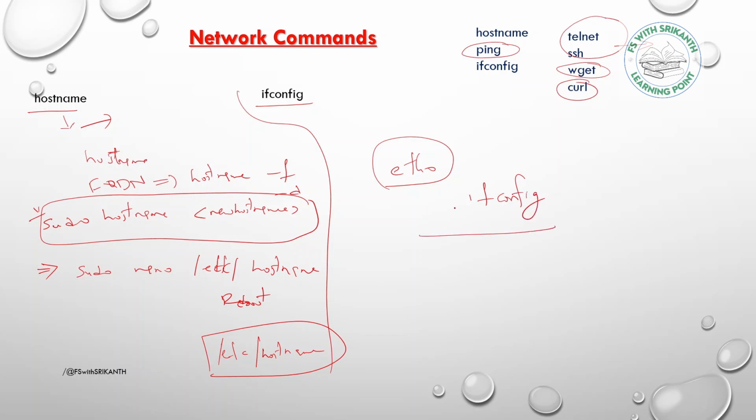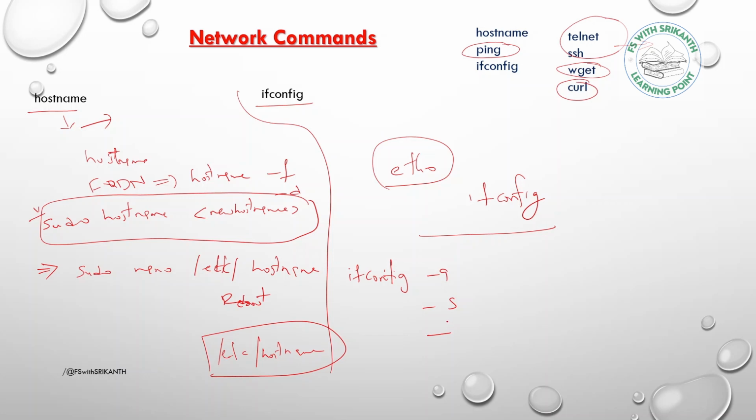If in case you need to bring up or bring down your network interface, how can you do that? First of all, how can you know all active and inactive interfaces? ifconfig -a gives you all active and inactive interfaces, and -s gives a short list of network interfaces.